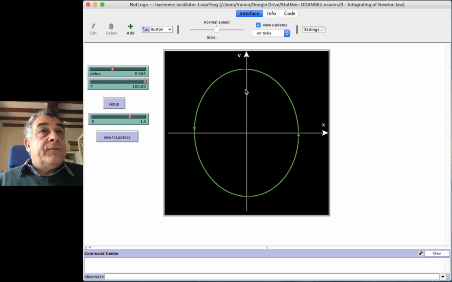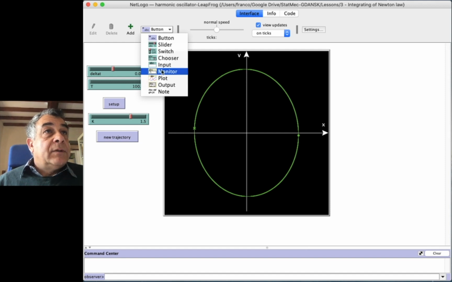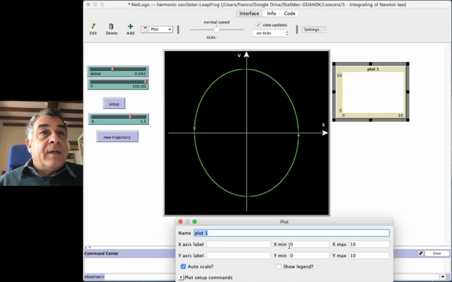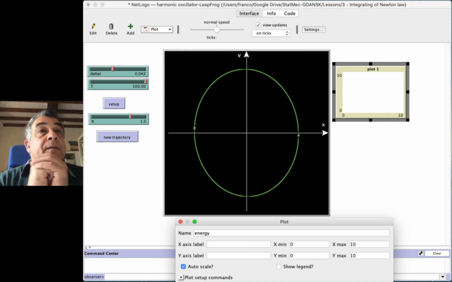And for instance, I could add a plot just to monitor the behavior of, I don't know, the energy or the x or the y. Let's check the energy. So energy, and I'll update this by the program.